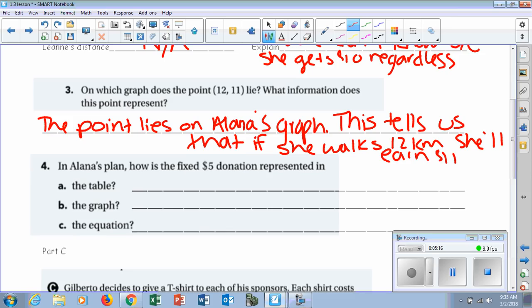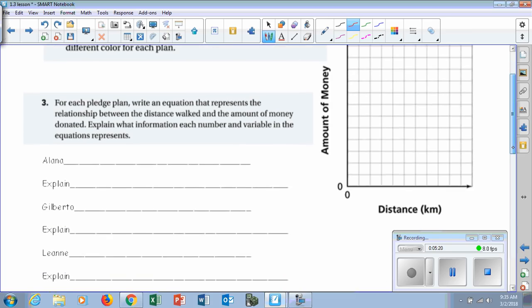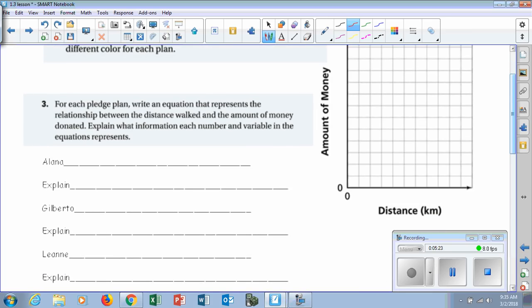So if I go back a page, right here, if I walk 12 kilometers, well, if I briefly go back to this chart, I know we recreated this yesterday, but if I go over here to my 12, and then over here we did $2, 4, 6, 8, right?